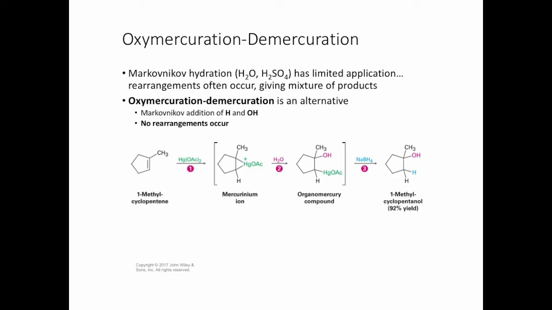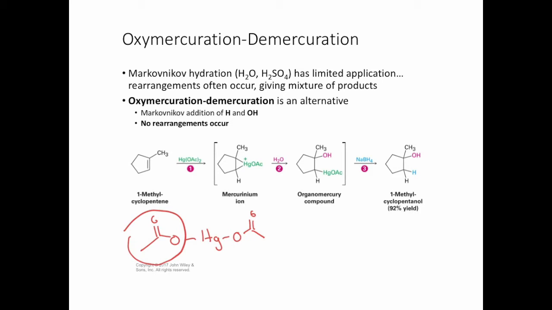And you're only going to learn part of the mechanism because the second part is quite confusing for this level of organic chemistry. So in the first step, you're going to add mercuric acetate, Hg(OAc)2. So OAc represents this group.